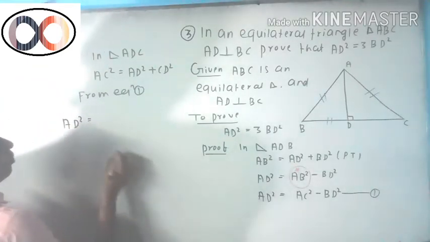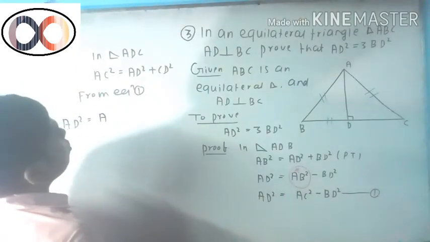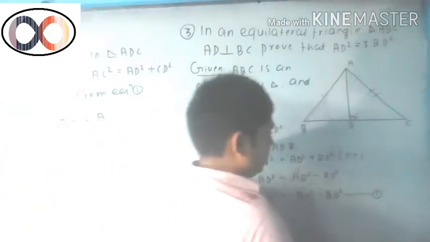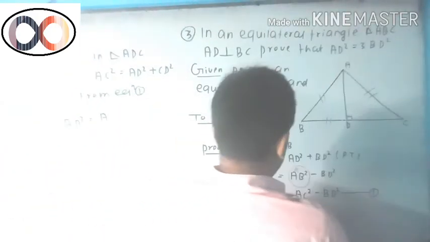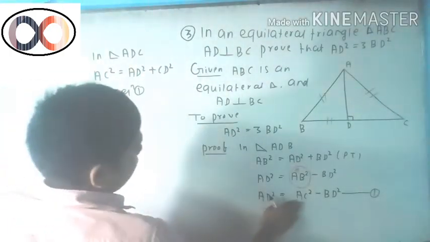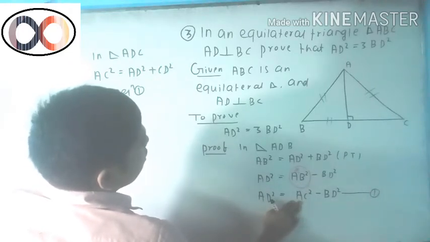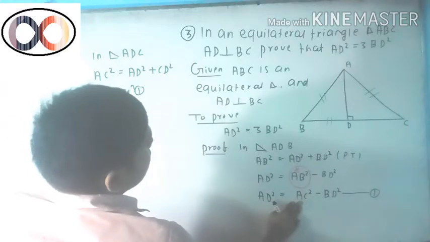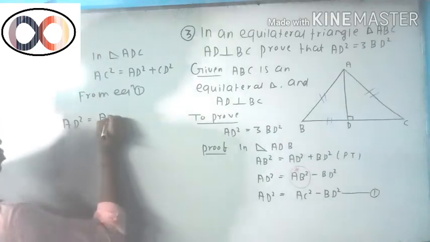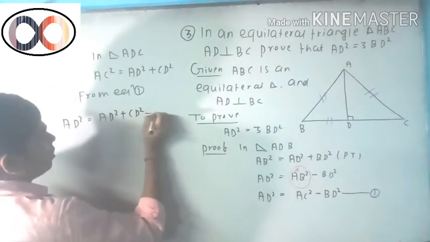the value of AC square, that is AD square minus AC square minus BD square. So if we remove AC square, we can write AD square plus CD square here, and here minus BD square.